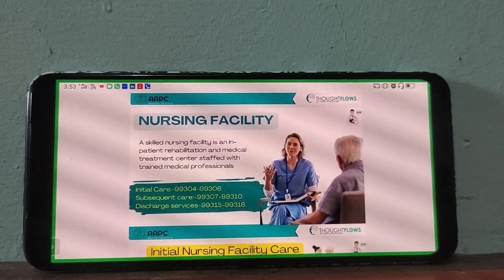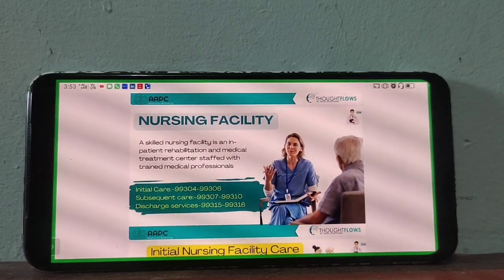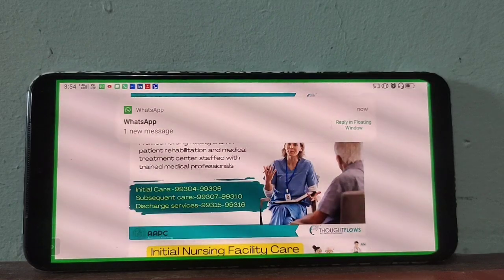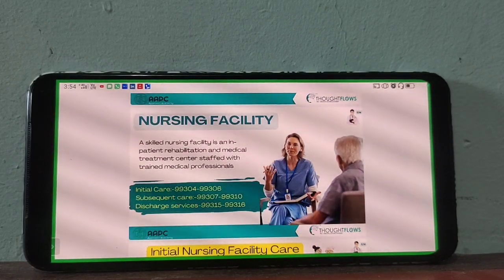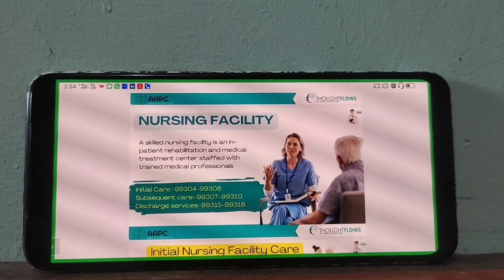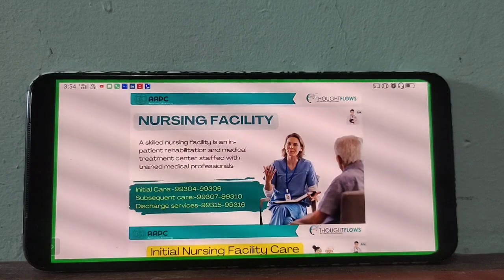So a nursing facility is also one of the rehabilitation and medical treatment centers. If a patient is admitted into that facility, they take care of that patient, and once the patient has recovered from the condition, the patient will be discharged from that facility.